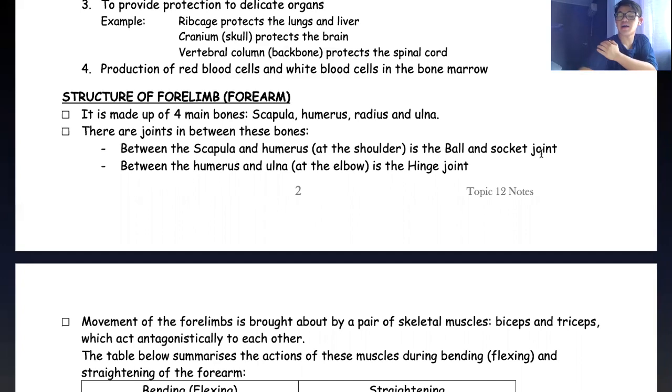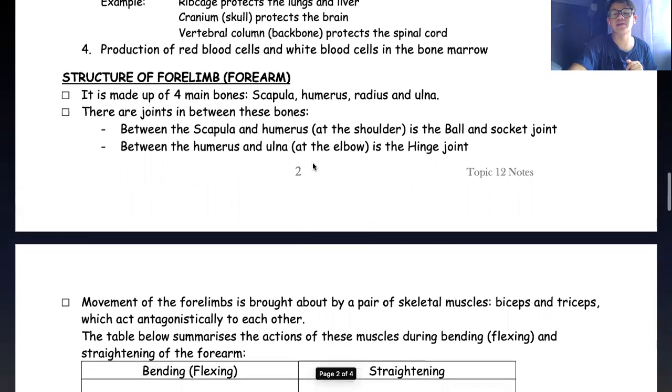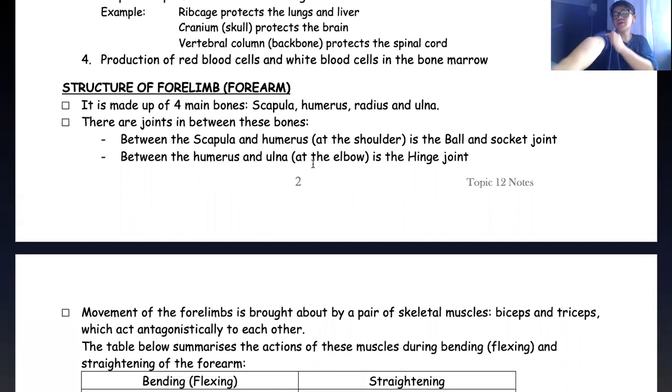This area here, between your scapula and your humerus, this joint we call ball and socket. The second one, between the humerus and the ulna at the elbow, is the hinge joint. So ball and socket, hinge joint.